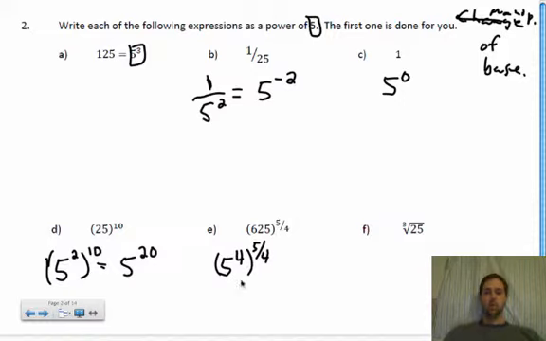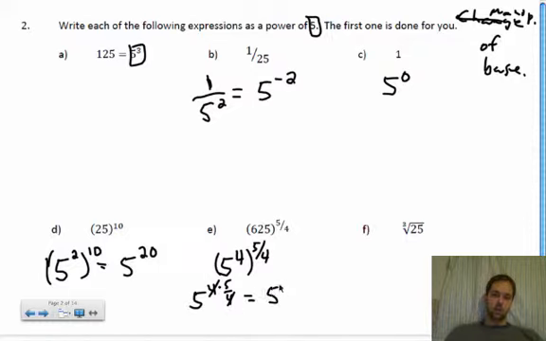Now, when we take the power of a power, again, we multiply the exponents. So we go 5 to the 4 times 5 quarters. Now you notice when you multiply that, the 4's cancel, and we simply end up with 5 to the power of 5. And we're done with that one.